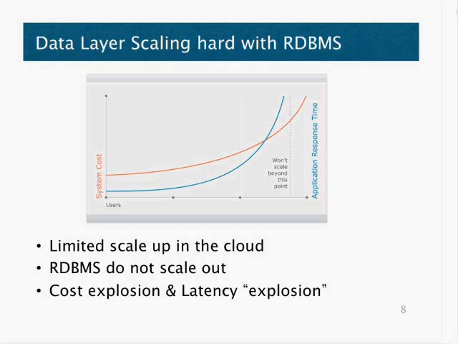And as a result, you get a cost curve as you see on the screen just now. You can see that the system cost explodes and the response time goes up and goes up until it reaches a point where no matter what you do and how much more money you spend, you basically can't serve more users.